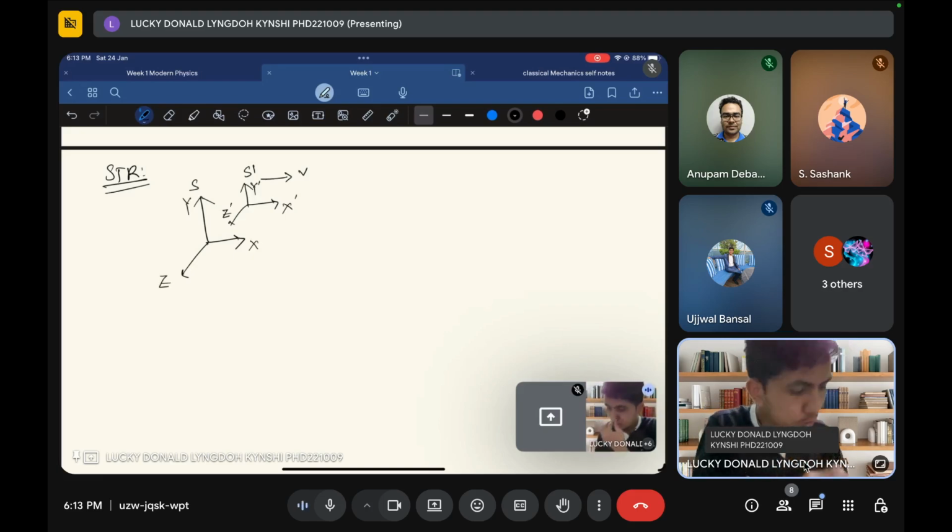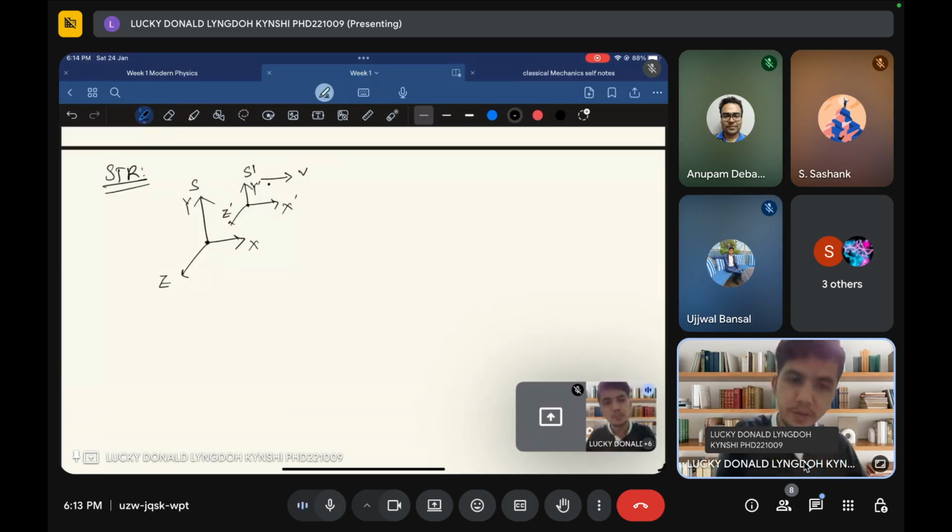Now suppose there is a particle here in the S prime frame. A frame of reference is the point where you do the measurement of any event. So there are two points.